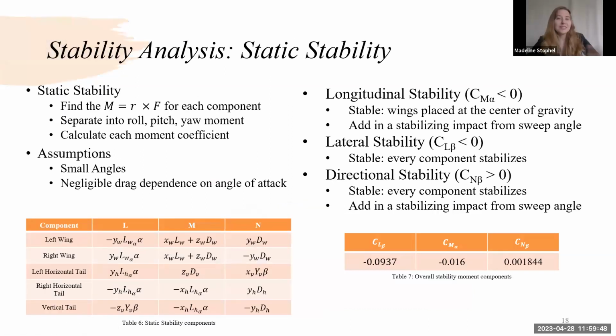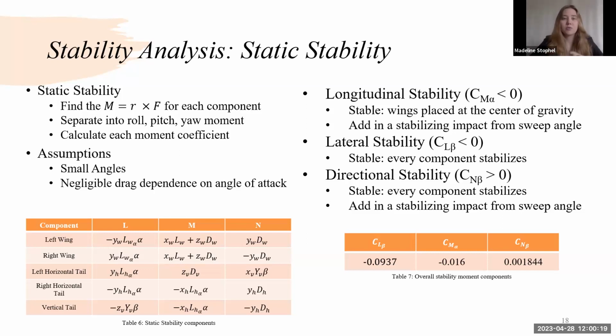So we also performed a stability analysis on our plane's initial design. The first part of that was a static stability analysis where we determined the moment components from each lifting surface: roll, pitch, and yaw moment. We then combined those and used that to convert to the coefficient of moment and combined each of those with their other respective impacts, such as the high wing, which you mentioned earlier, and the sweep angle.